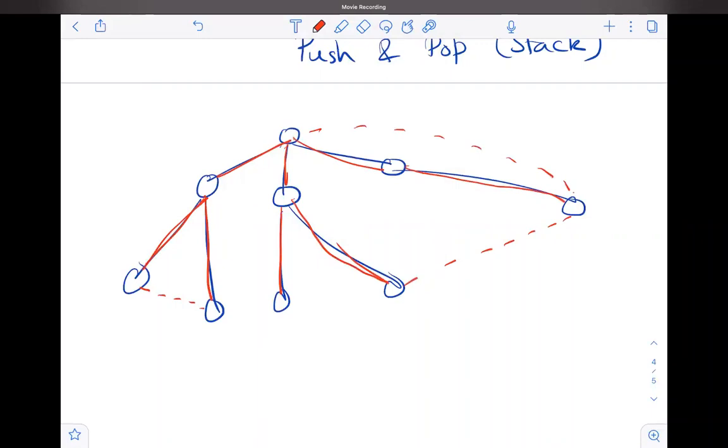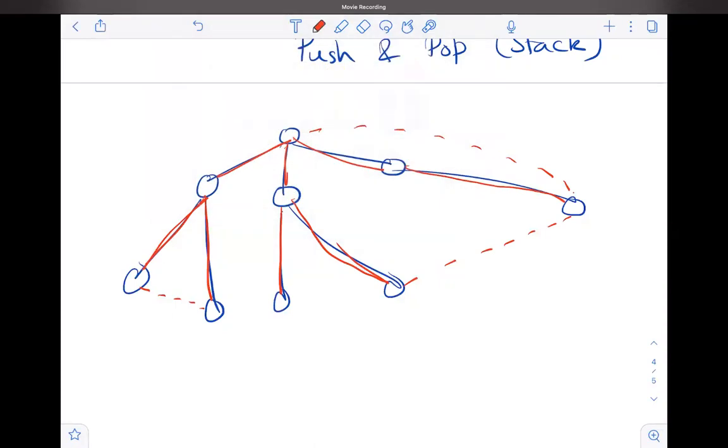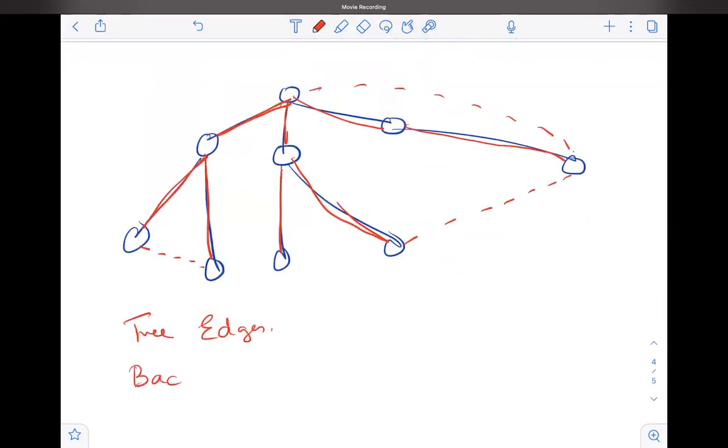Now the graph has three kinds of edges in the undirected graph. First of them are the red edges, which are the tree edges. Then we have the back edges. Now what are back edges?